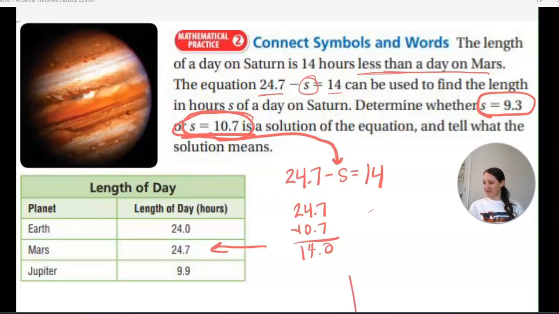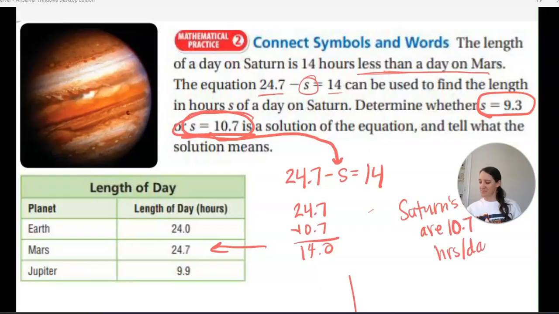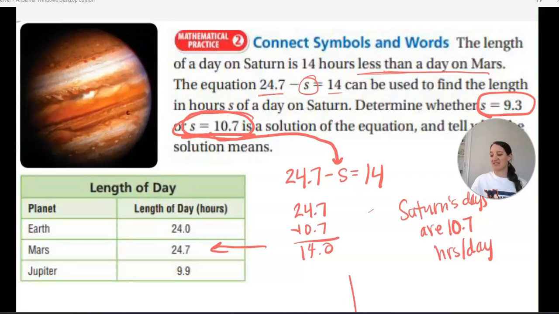The length of a day on Saturn is 14 hours less than a day on Mars. So Saturn's days are 10.7 hours per day. Wow, we have 24 hours a day, and they only have 10.7 hours in a day. That's what the solution means.